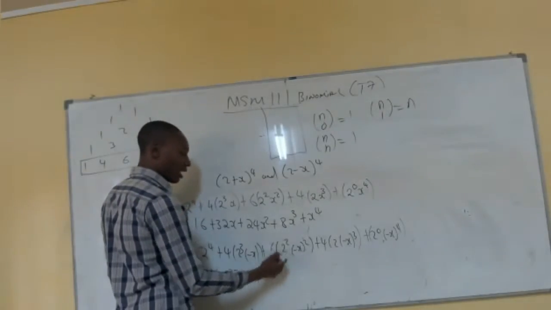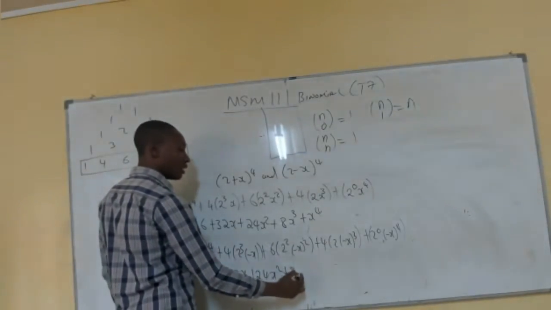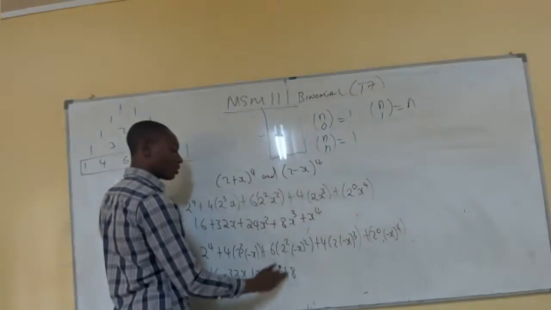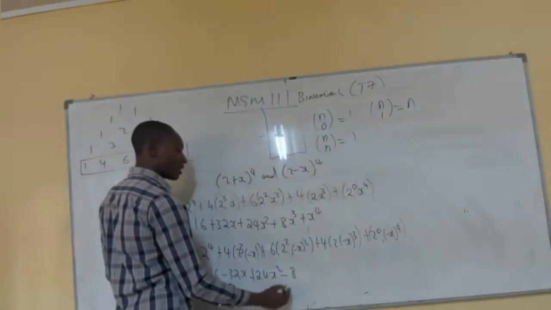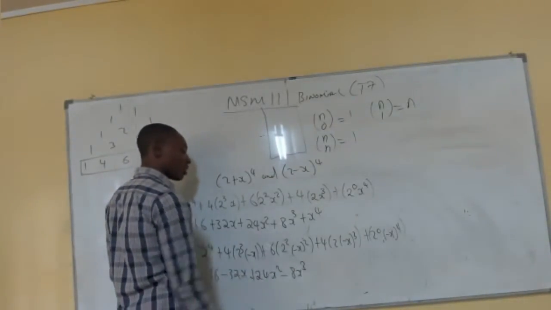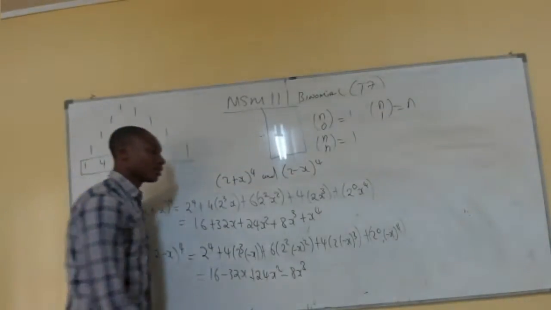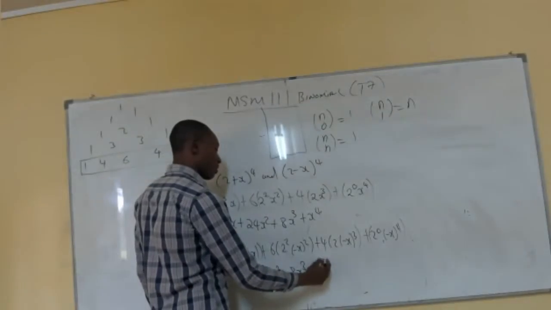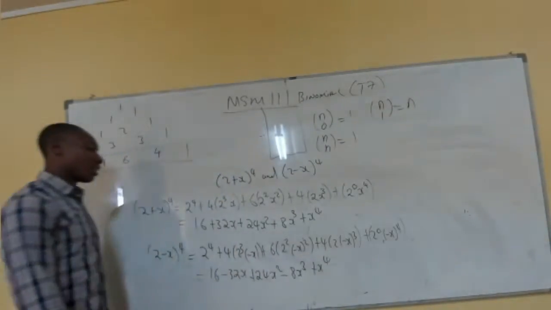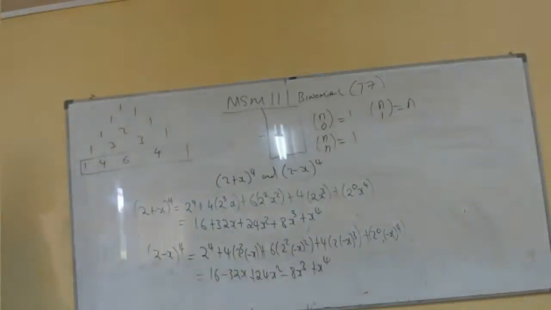The next number here is going to be 8, but the x is cubed, so instead of positive, we are going to have minus x cubed, because negative 1 to the power 3 is still negative 1. Then plus x to the power 4. So these are the two that you have.